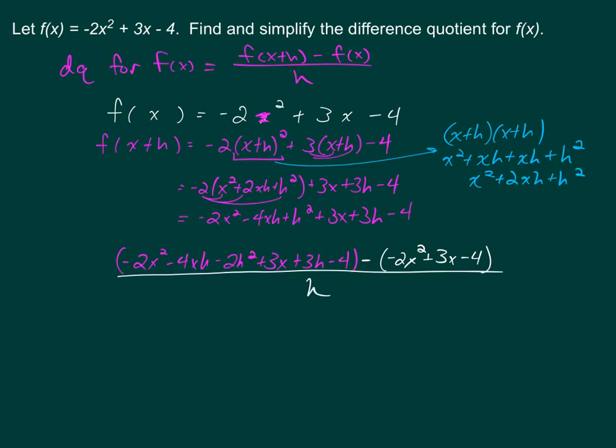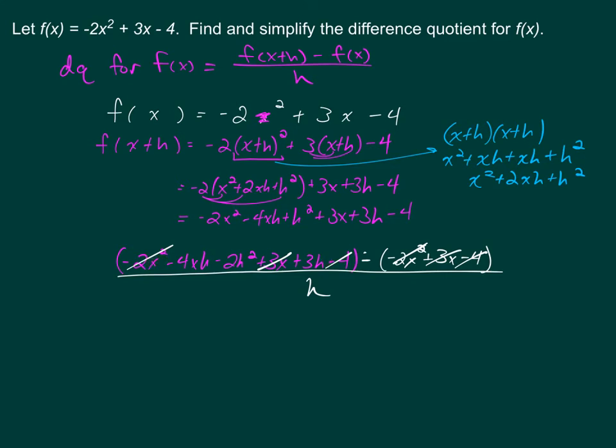What's really nice about this is that any term without an h will cancel away in the top. So negative 2x squared at the beginning, subtracting a negative 2x squared, if you subtract something from itself, it turns into 0. And the same thing here with positive 3x minus positive 3x and negative 4 minus a negative 4, leaving us just with some terms that are left over from the first set of parentheses.